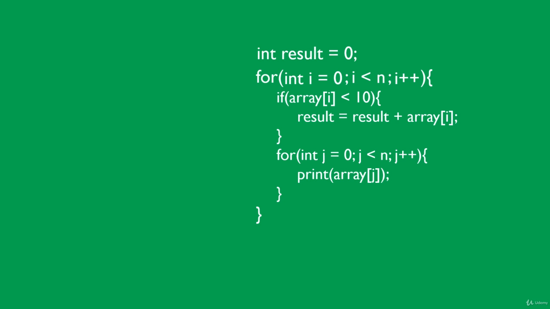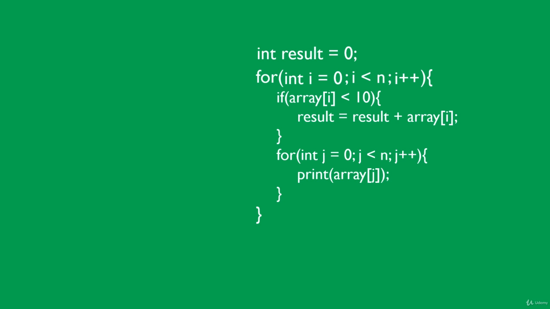Well, we check whether the number on index i is smaller or equal to 10. If it is, we add this number to the result variable. And then there is this inner cycle. And this one loops once again from 0 to n, and it basically prints every number in the array. Feel free to pause the video and compute the time complexity on your own.